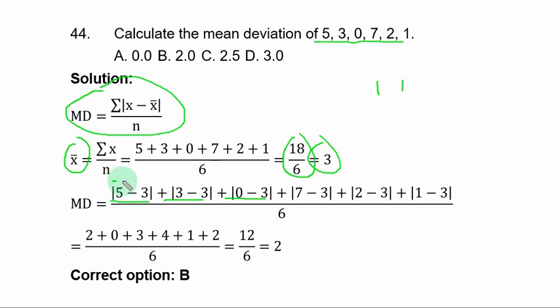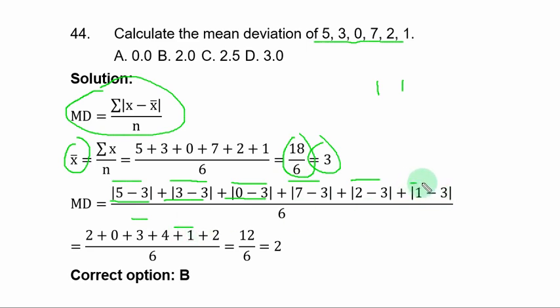So 5 minus 3 is 2. 3 minus 3 is 0. 0 minus 3 is minus 3, and the symbol makes it positive. 7 minus 3 is 4. 2 minus 3 is minus 1, it becomes plus 1 because of the absolute value.